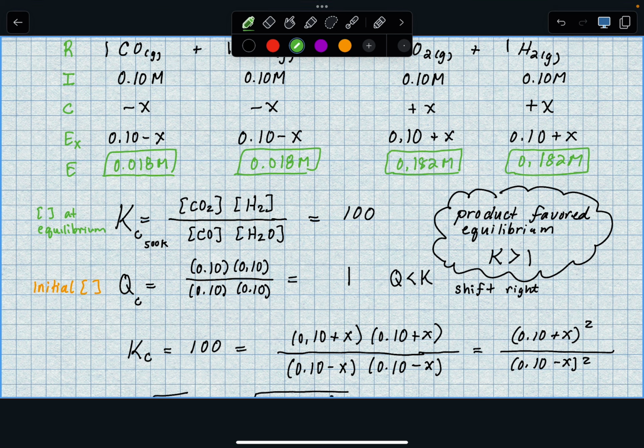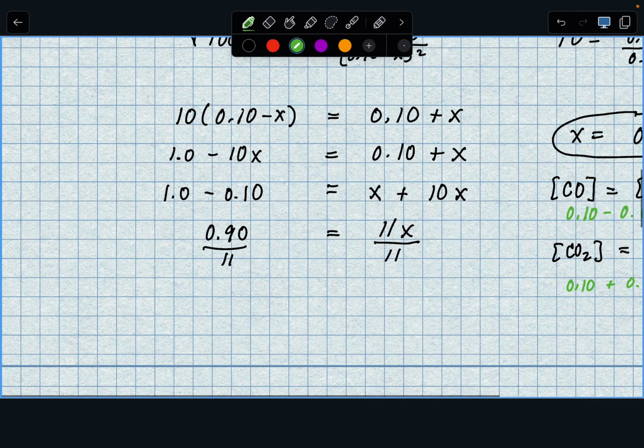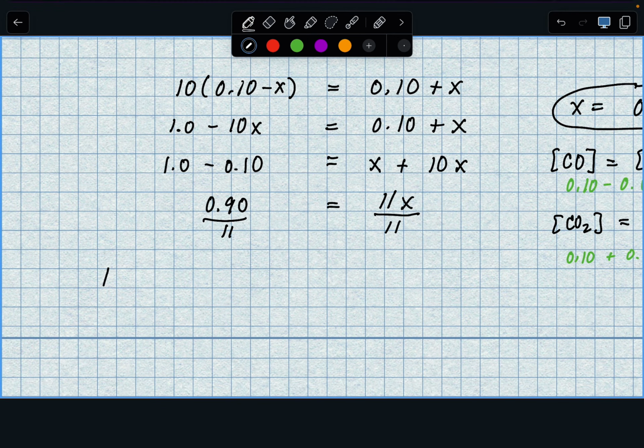So I have officially solved the equilibrium concentrations. And then what I'm going to do is just double check, within a little bit of error, those 4 concentrations should give us the K value of 100. So I'm just going to do a little check here at the bottom. Do I get approximately 100 if I put in those values? I'll even put them in green.